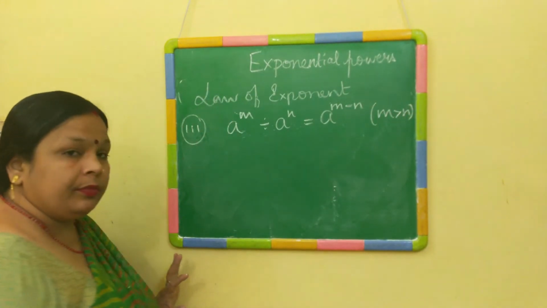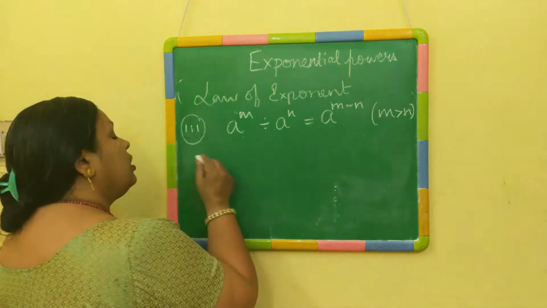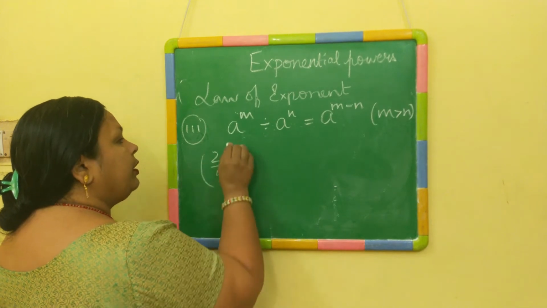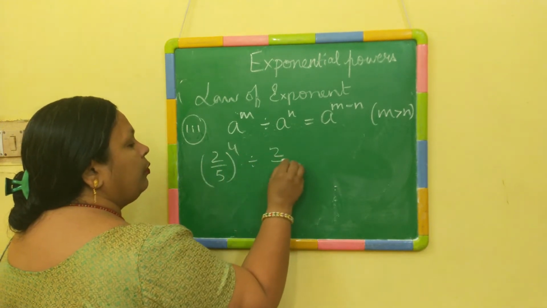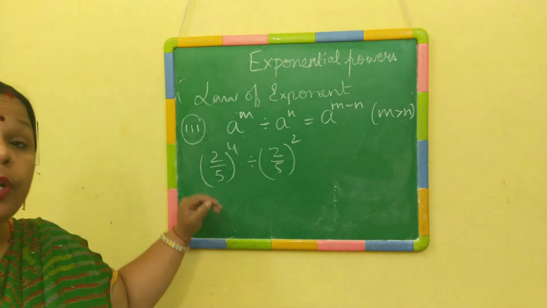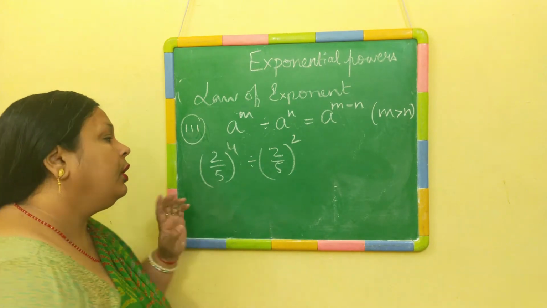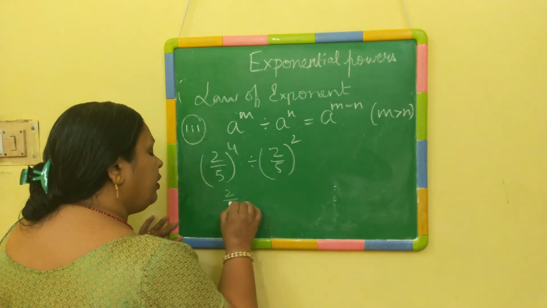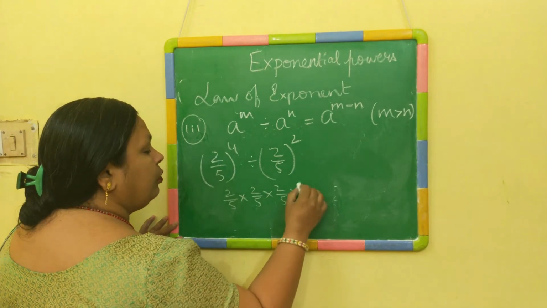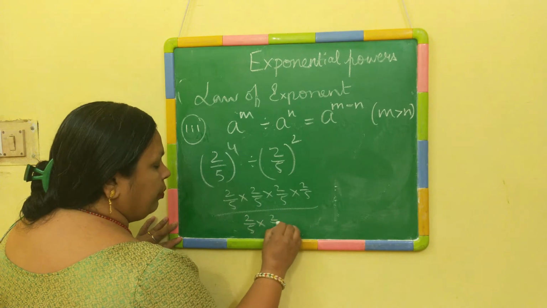Clear? Now we'll see how this works. Again we will take an example of 2 by 5 power 4 divided by 2 by 5 power 2. So this means 2 by 5 into 2 by 5 into 2 by 5 into 2 by 5 upon 2 by 5 into 2 by 5.